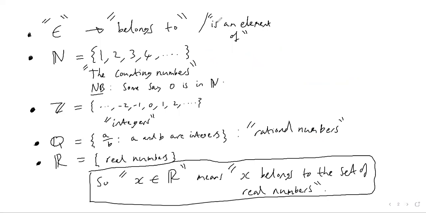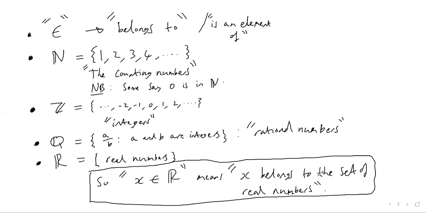So this next slide, you may not be familiar with some of the notation here. This curly E just translates to the terms belongs to or is an element of. So if we look down here, what I've written is X, then this curly E, and then this capital R. This translates to: X belongs to the set of real numbers.